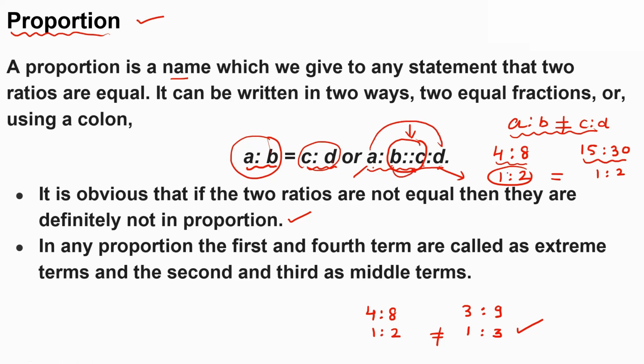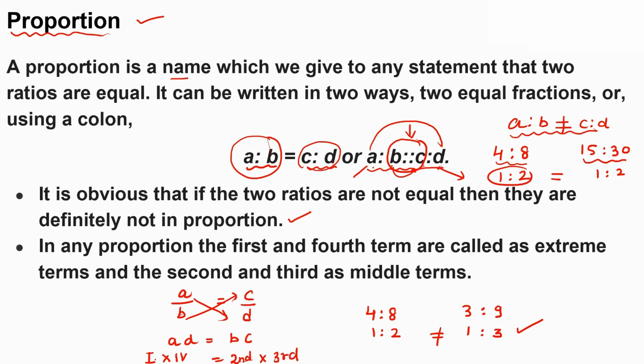If you see that these are equal, A is to B means A upon B, and it is equal to C upon D. If I cross multiply them, I get A times D is equal to B times C. A is my first term, D is my fourth term, B is my second term and C is my third term.